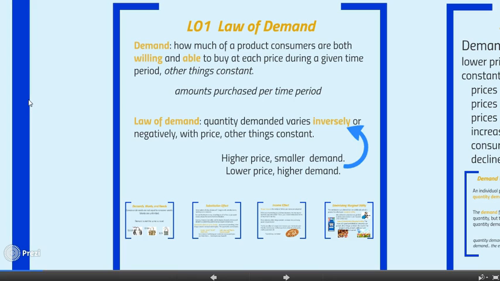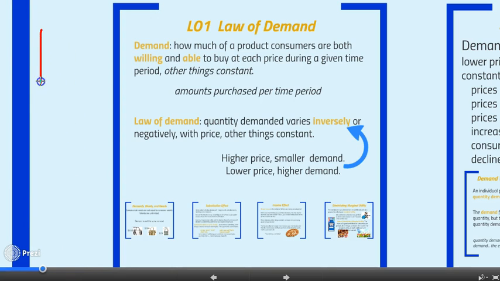Okay, the law of demand: quantity demanded varies inversely or negatively with price, other things constant. At a higher price, we have a smaller demand. At a lower price, we have a higher demand. If I just try to draw a very awful graph, I've got money and quantity. If we talk about my random snacks, when my money was high, you didn't want to buy that many.